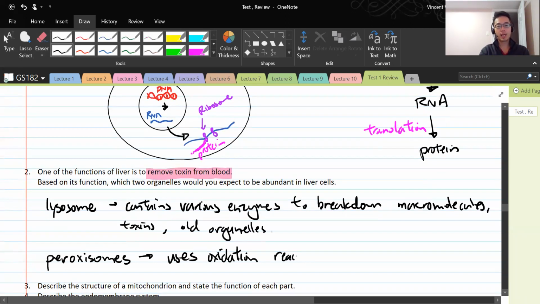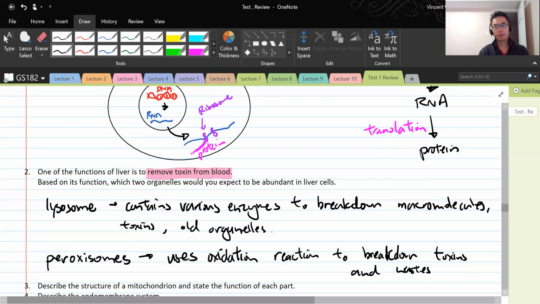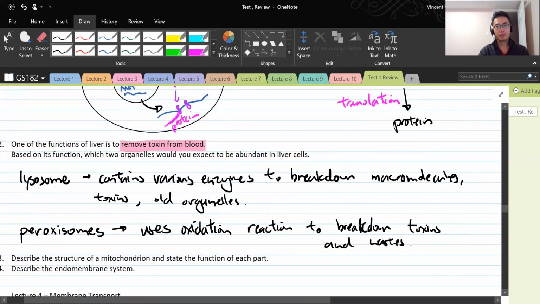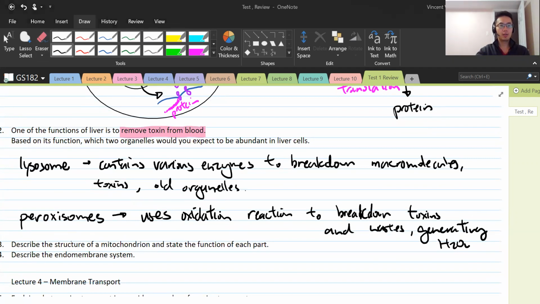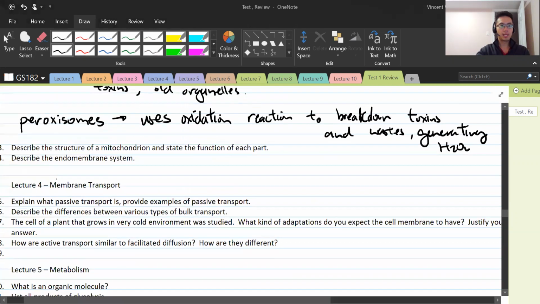Uses oxidation reaction to break down toxins and wastes. Okay. Generating H2O2 as a byproduct. Okay. So you have a lot of lysosome as well as peroxisome in liver cells.